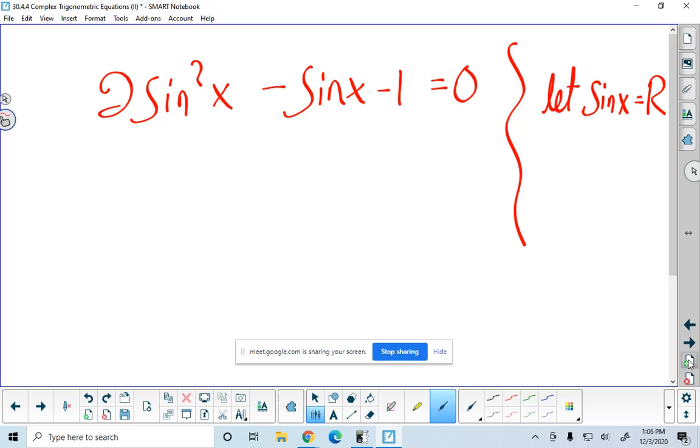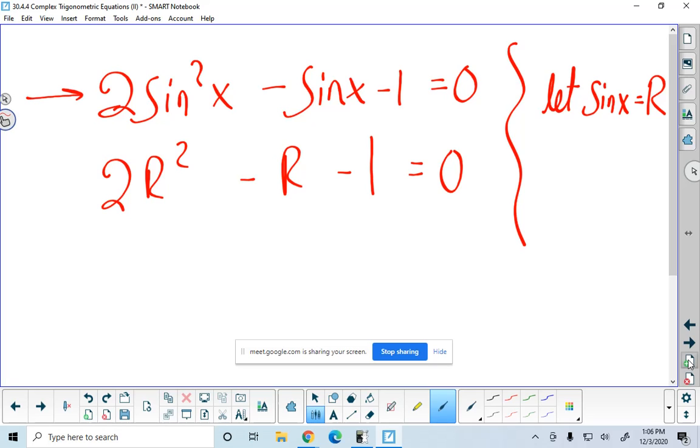It's just a letter, okay? R. Don't say x. Well, that means that this equation becomes 2r squared minus r minus 1. And again, for people that can factor this, it's hard to imagine how changing this to r makes it easier, but for some people it does. Now, you factor this instead.